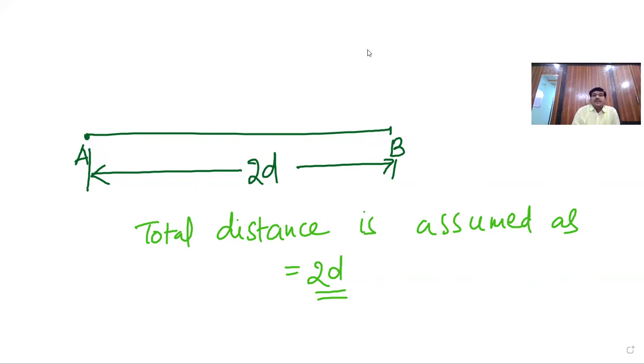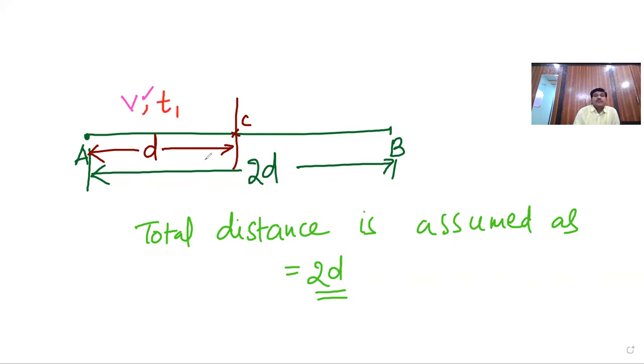Now what he said? He says that out of this total distance, half distance, I'm making half. C point of this half distance is D. That half distance is traveled with what speed? V speed. Half distance is with V speed. Clear? And we don't know the time. Here the time is assumed as, let us say, T1.